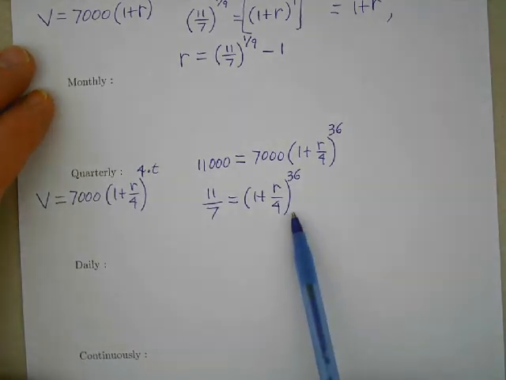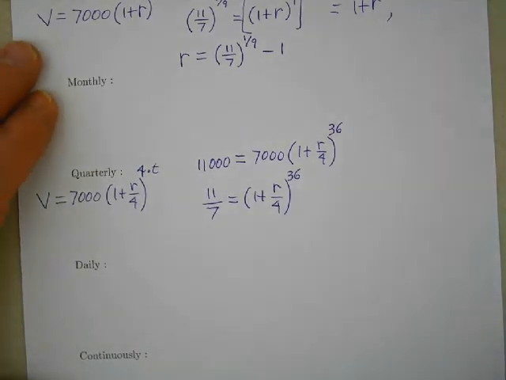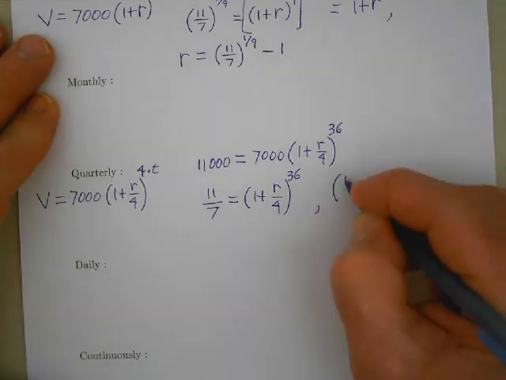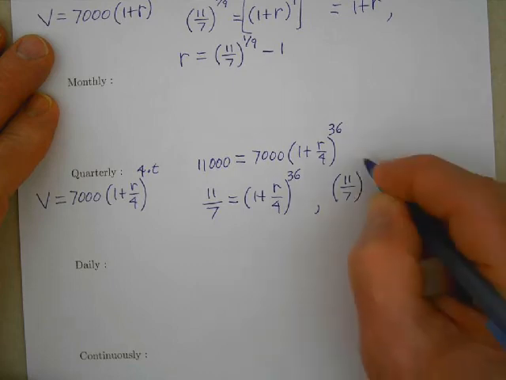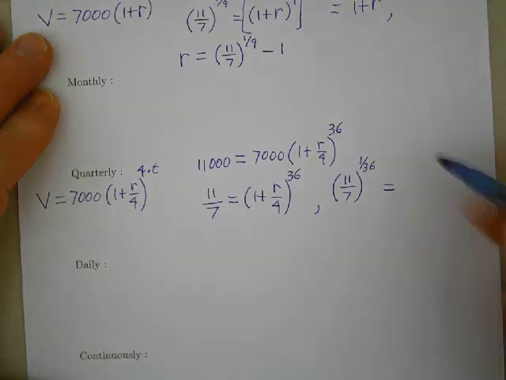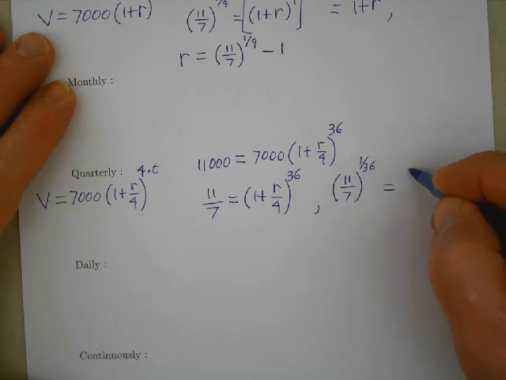And now we're going to raise both sides of this equation to the 1/36th power. On the left-hand side, we'll get 11 over 7 to the exponent 1 over 36. And when we raise the right-hand side to the exponent 1 over 36, we're just left with 1 plus r over 4.